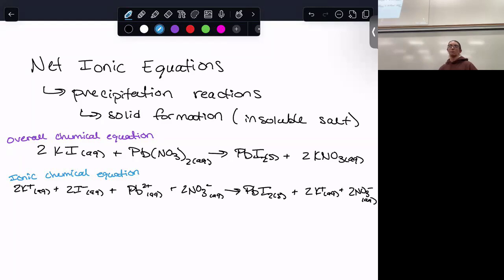You split everything that can be an ion into its ions. Okay. So once we have our ionic chemical equation, then we can write our net ionic equation.